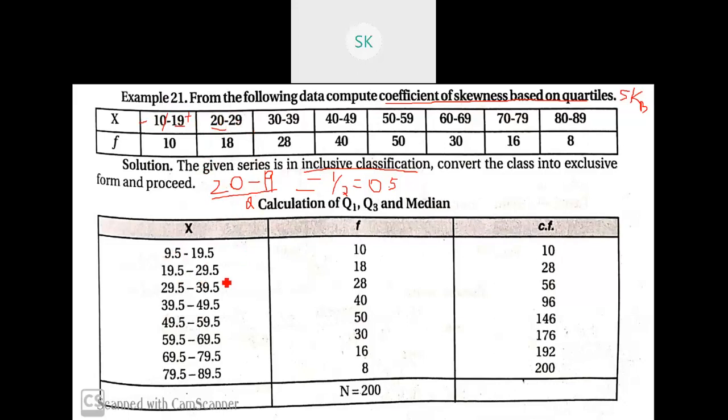Like this, we have to subtract 0.5 from all lower limits and add 0.5 to all upper limits of the class intervals. The frequency is the same. Whatever is given in the question has to be copied down in the frequency. When you total them, you get n equal to 200.